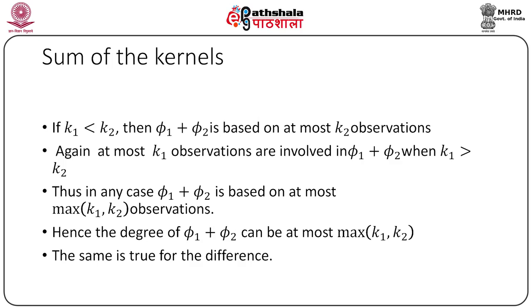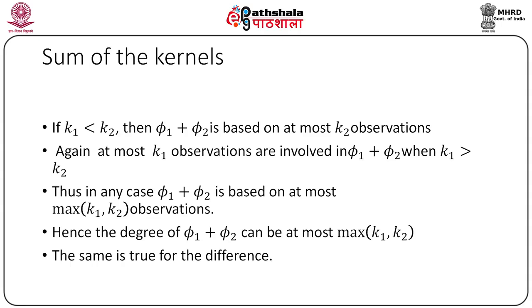Therefore, the degree of phi1 plus phi2 is at most the maximum of k1 and k2, and the same can be said if we use the difference kernel. That is, phi1 minus phi2 will be a kernel of degree at most the maximum of k1 and k2 for theta1 minus theta2. So we can easily generalize to a number of kernels.